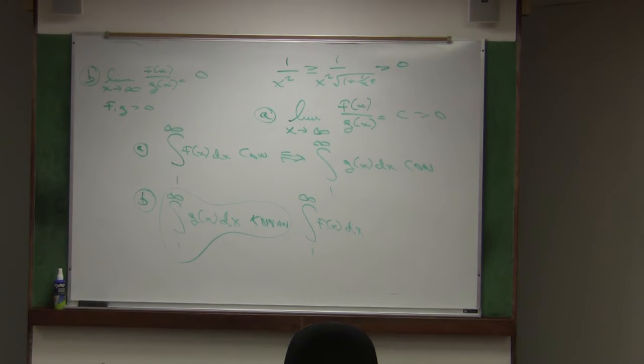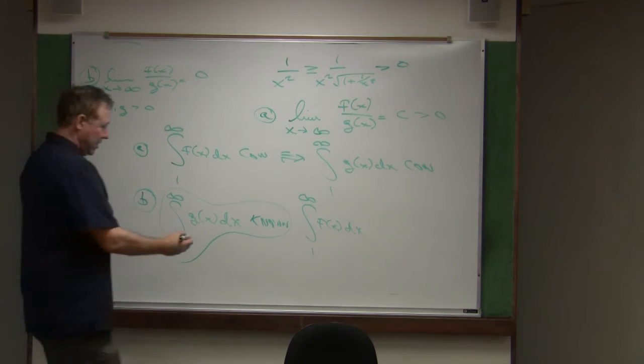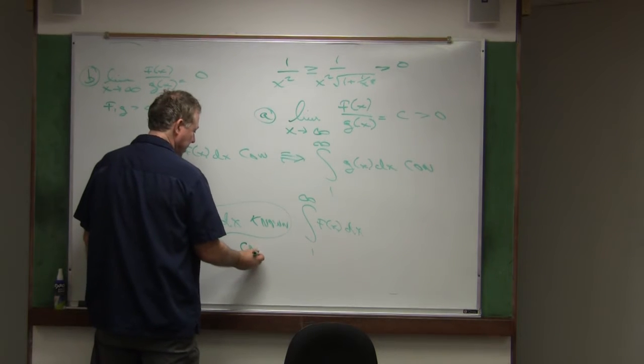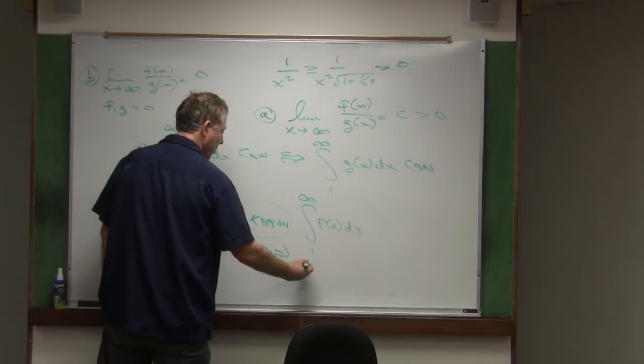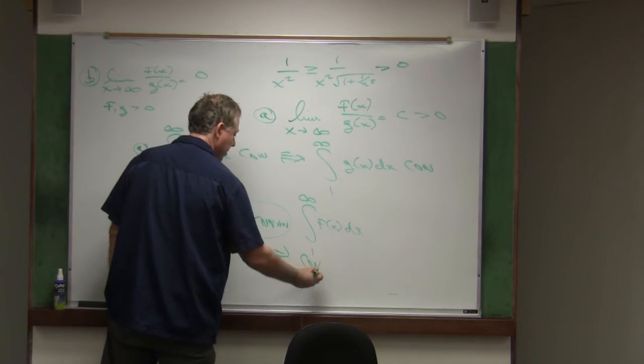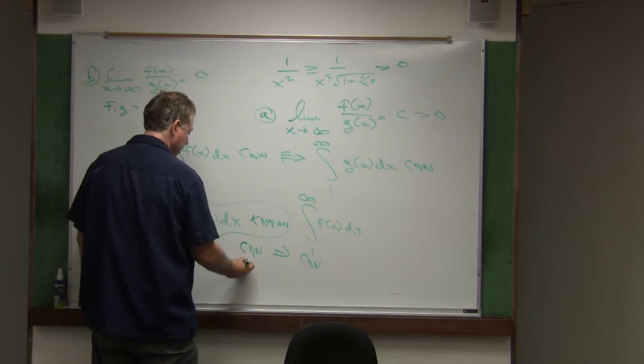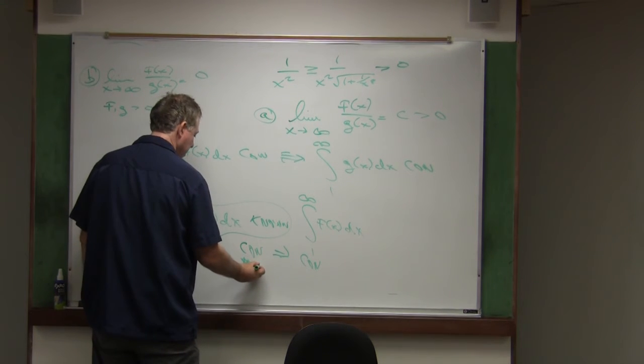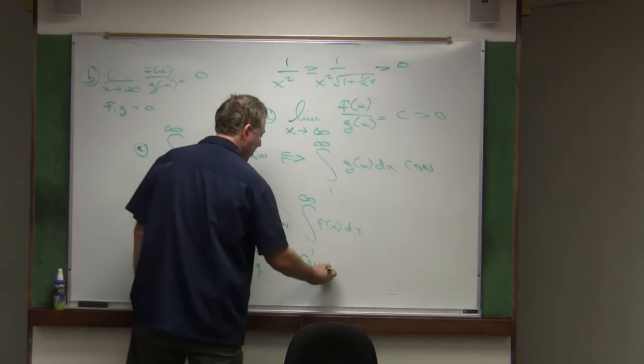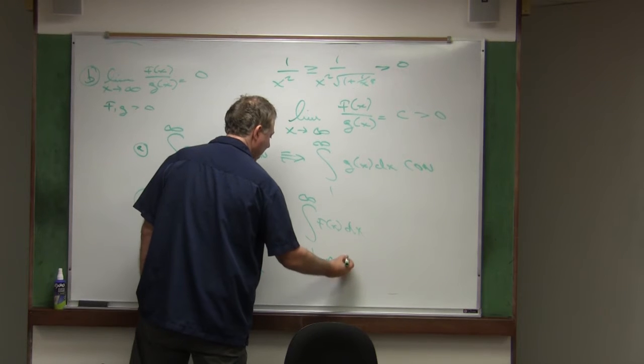So if we knew that that integral converged, what would you know about f? It would also converge. So you could say convergence for g would give you convergence for f.